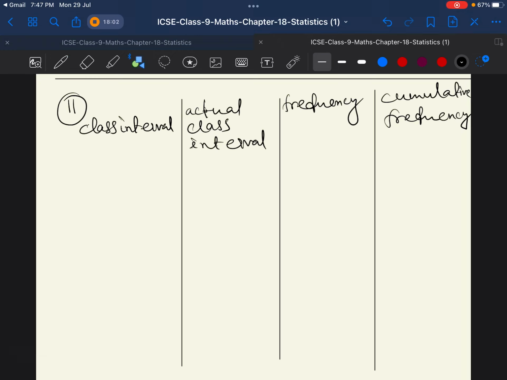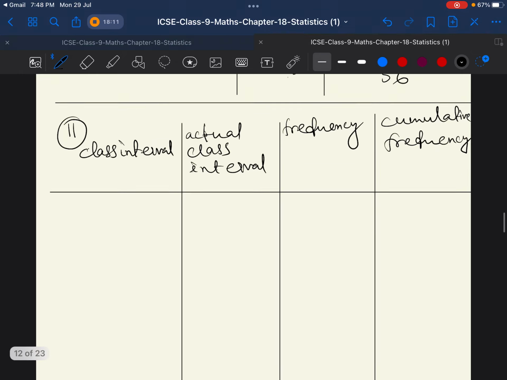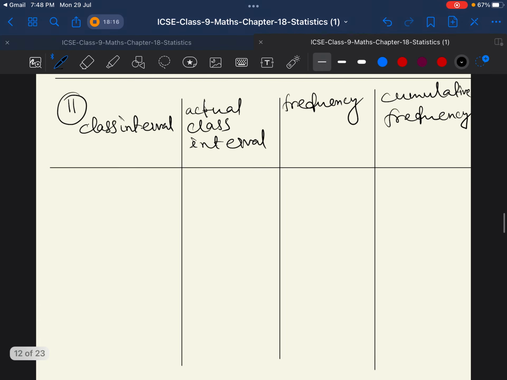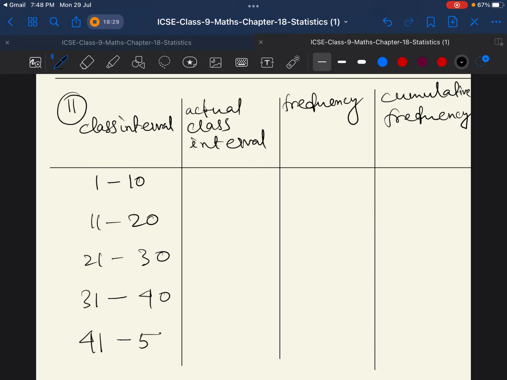Okay, so here you see the cumulative frequency distribution table is, okay, class interval 1 to 10, 11 to 20, 21 to 30, 31 to 40, 41 to 50.